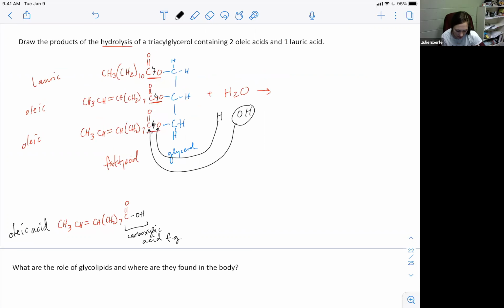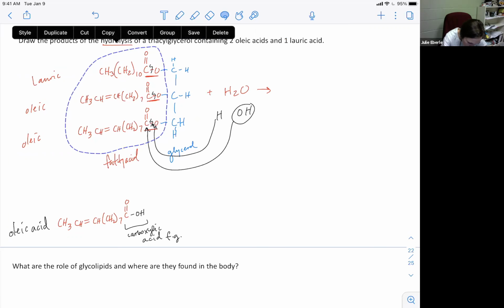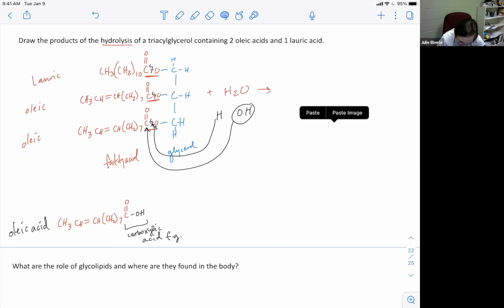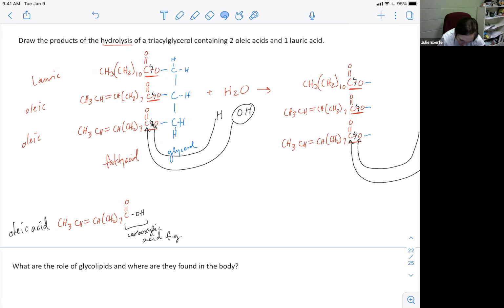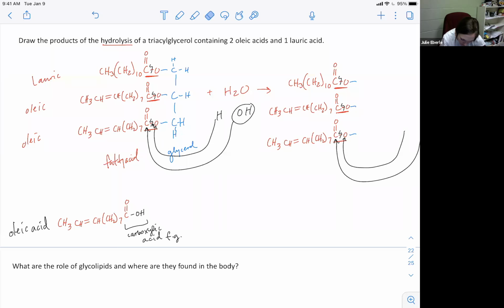So we would need to draw this essentially 3 times. So I'm going to see if I can copy and paste all of this. So draw all 3 fatty acids, and then we've got to also redraw glycerol.